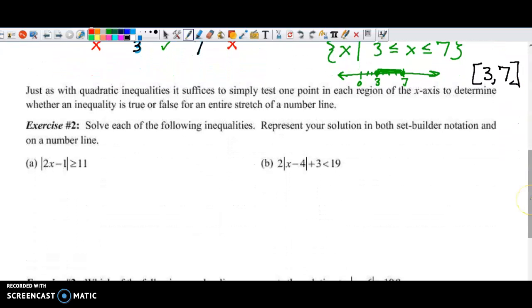We can do the same thing, and for whatever reason, they want to stick with set builder notation. But what happens is we can have values that are bigger than 11, and here's my thought process: if I change the sign of 11 to be -11, then you have to flip the inequality.